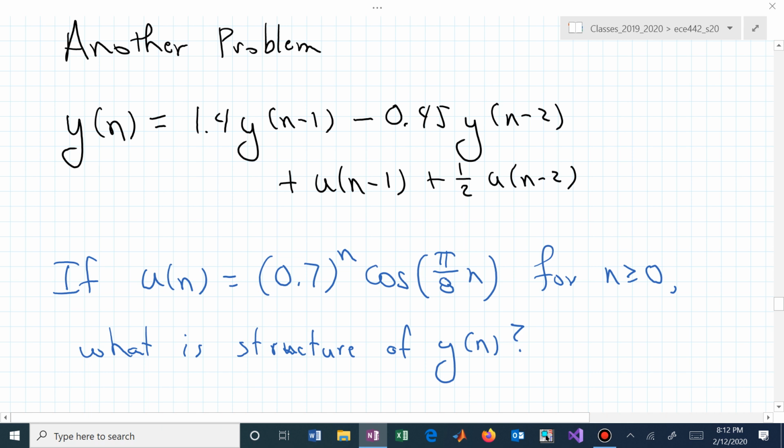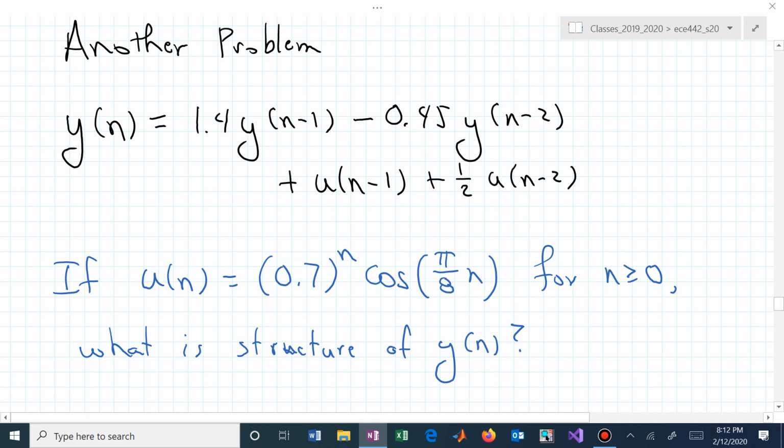That will then tell us what our structure of the homogeneous solution looks like, or the natural solution. What's the solution of the particular? What's the particular solution structure going to look like? Can you tell me right away with what's on the board?